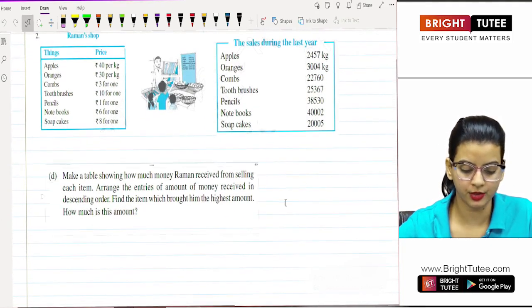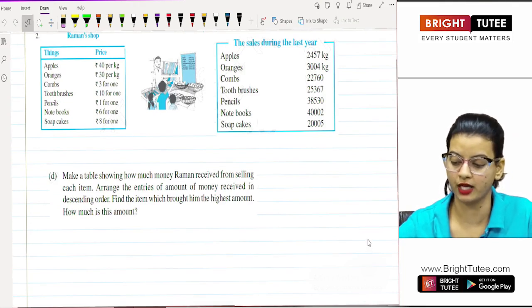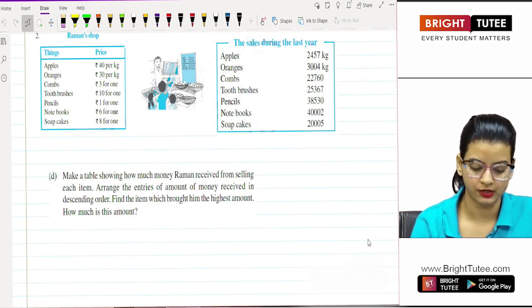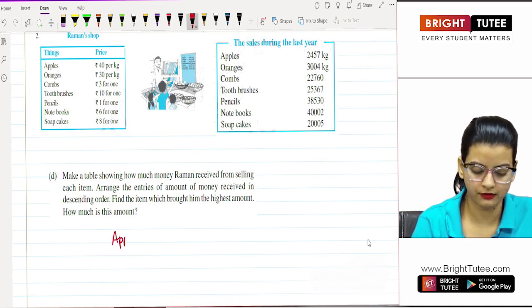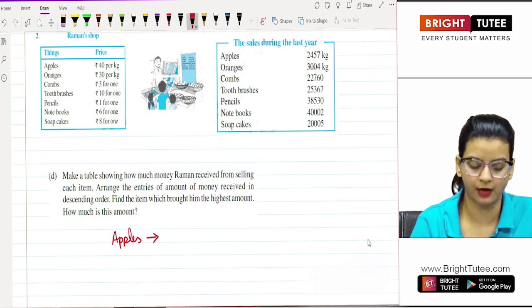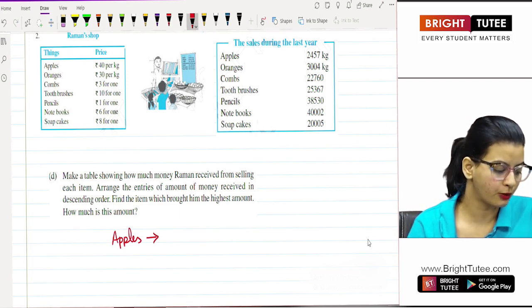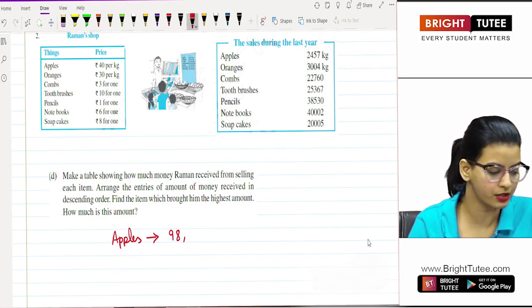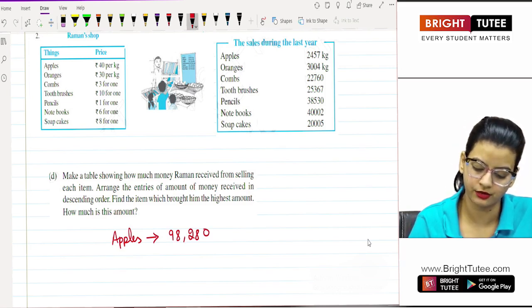Now moving forward, we are going to continue with the same question. Make a table showing how much Raman received from selling each item. So we have to find out how much Raman received by selling each item. Let's start with apples. We know he received 98,280 rupees.